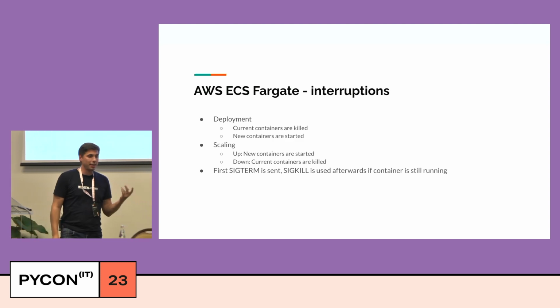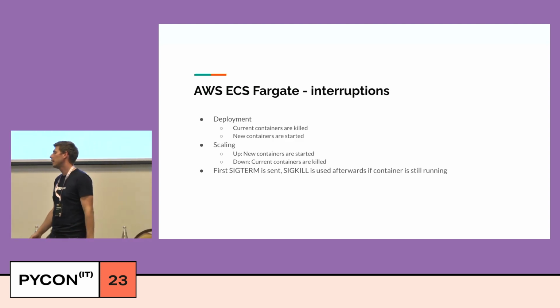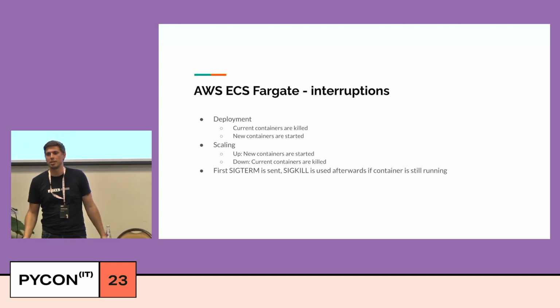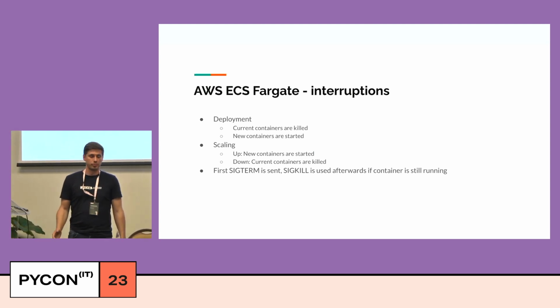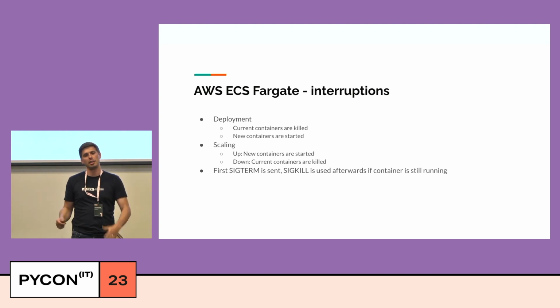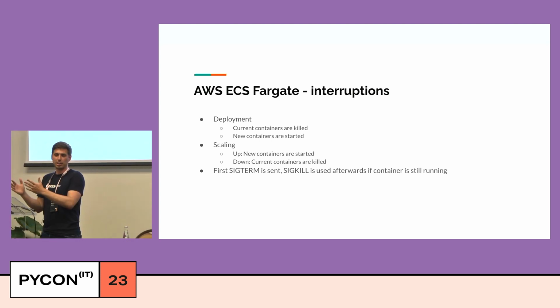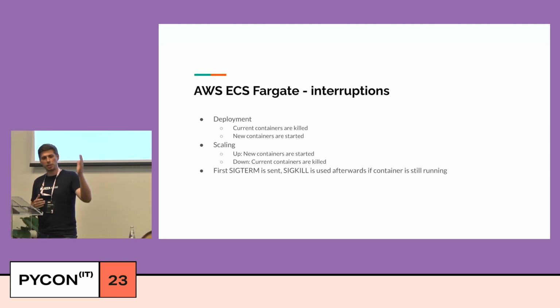When you are running things on Elastic Container Service, especially in Fargate, you'll experience a lot of interruptions. And why so? When you deploy, existing containers will be stopped and deregistered, and the new ones will start and be registered. This means that every existing container is killed. So SIGTERM is sent.